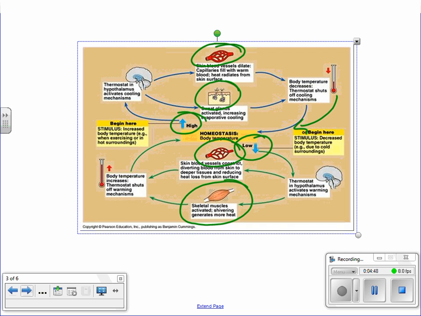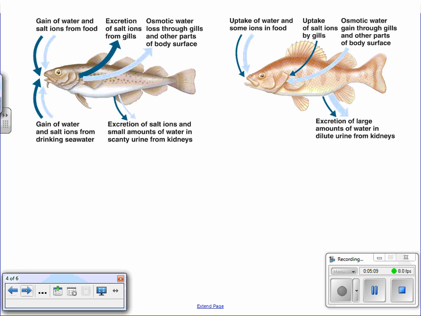So if they're vibrating, they're generating heat in the blood and in the rest of your body, causing your body temperature to go up, getting you back to your homeostatic temperature. So there are a lot of different ways to regulate body temperature. Many animals do it different ways, but thermal regulation is definitely an important part in regulating the body.